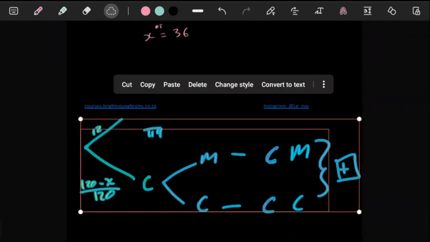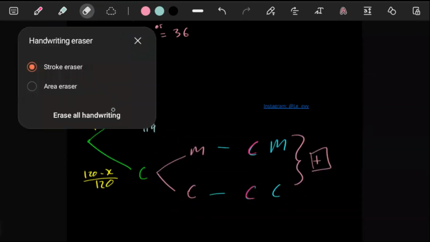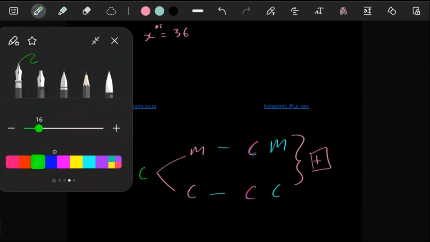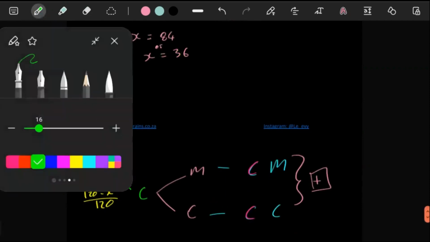So in this portion down here, we can just put in the actual numbers that we have now. It doesn't matter which x value you choose here. They are both valid. They both work.